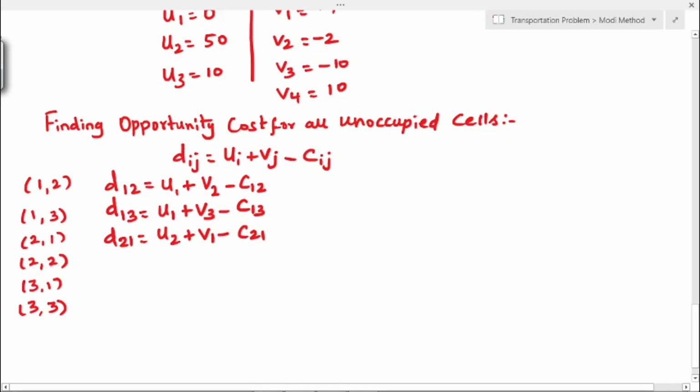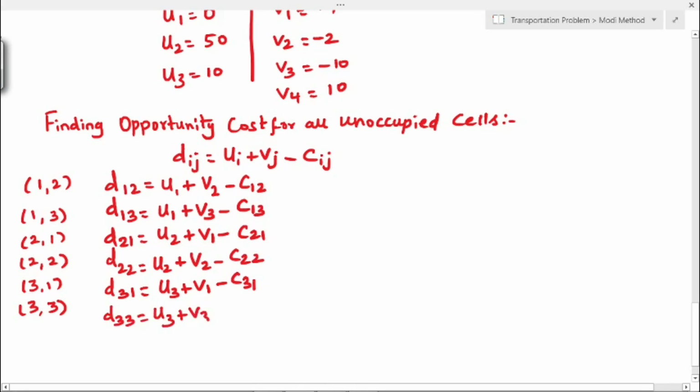Here both I and J are 2, so D22 equals U2 plus V2 minus C22. Here I is 3 and J is 1, so D31 equals U3 plus V1 minus C31. And last, both I and J are 3, so D33 equals U3 plus V3 minus C33.